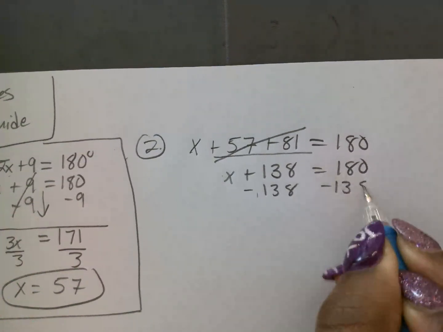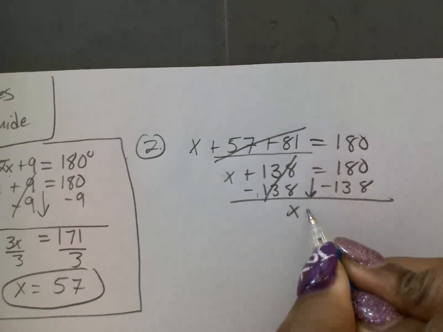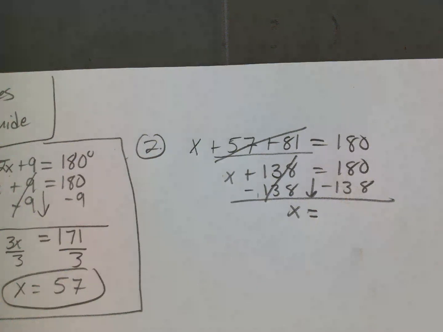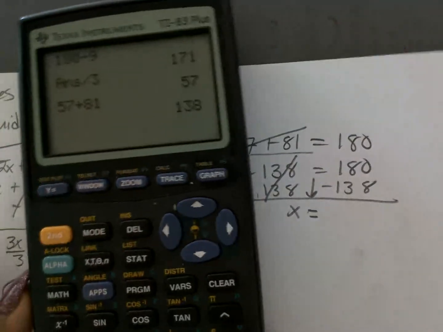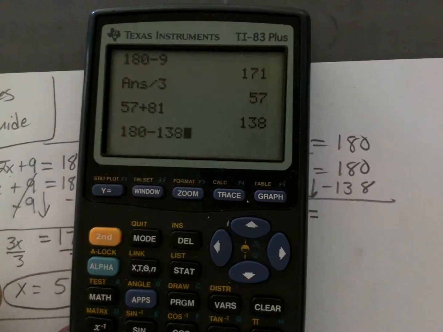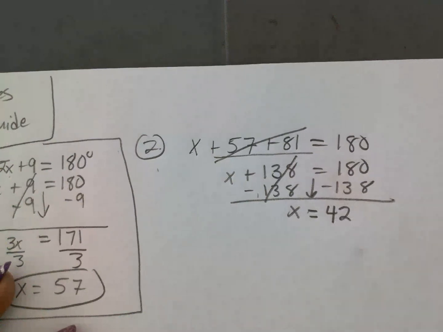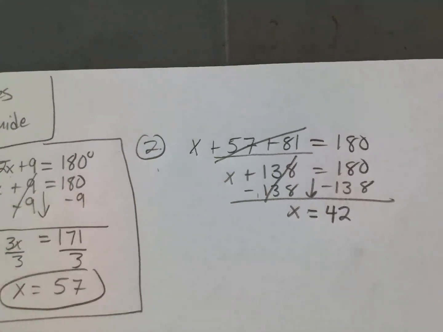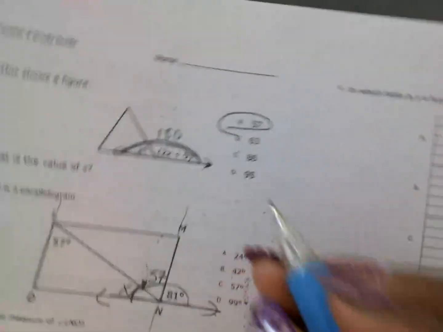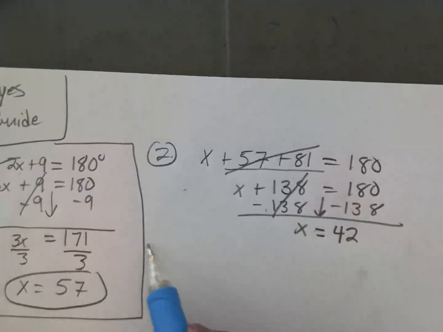And subtract 138 from both sides. This is gone, and I'm left with x is equal to 180 minus 138, and that's 42. So the value of x is 42. So that's going to be B, or the measurement of that angle is 42. Okay?